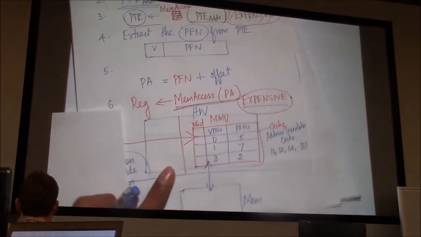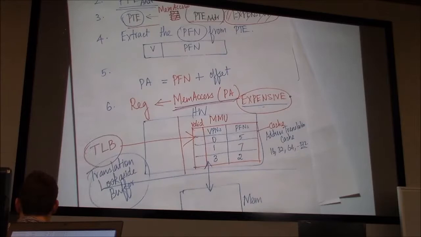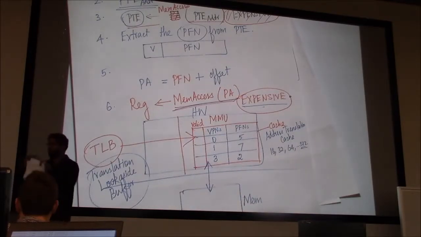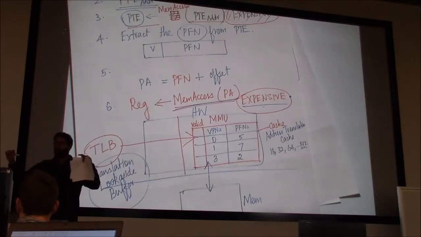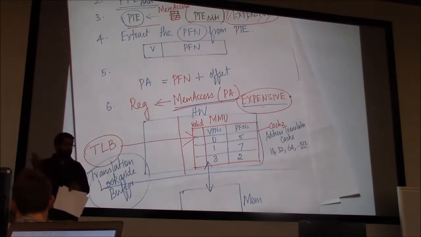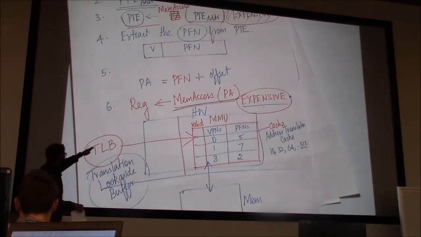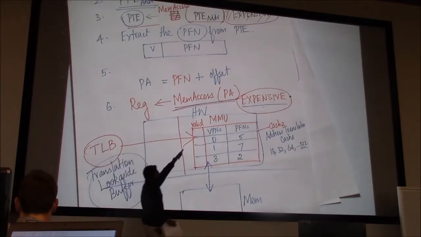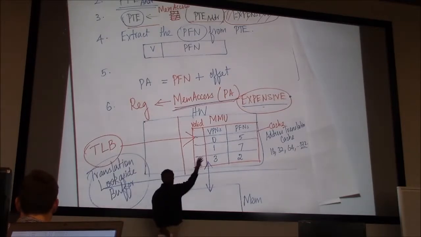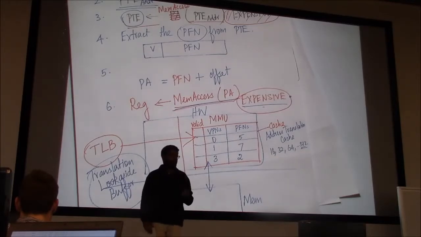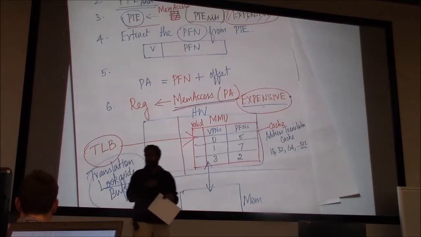But this valid bit is totally different from the valid bit that we saw in the page table entry. The valid bit in the page table entry says whether that page is allocated or not. But the valid bit in the TLB just says whether this particular translation is valid or not. We'll get into much more detail.